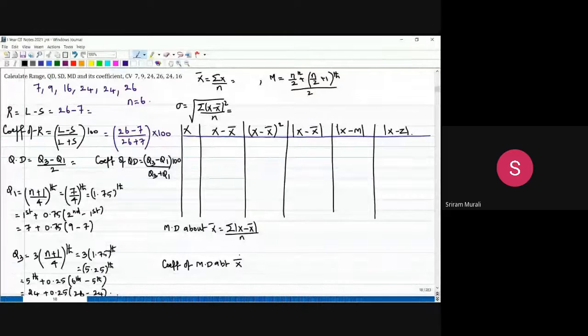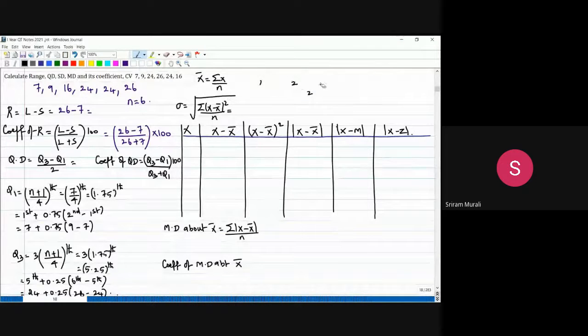We have to write one by one. These are the formulas to compute x bar, median. Okay, now this is the formula to compute mean deviation.